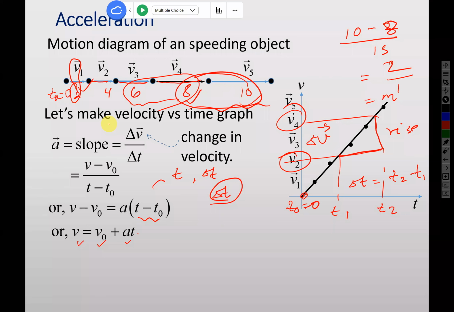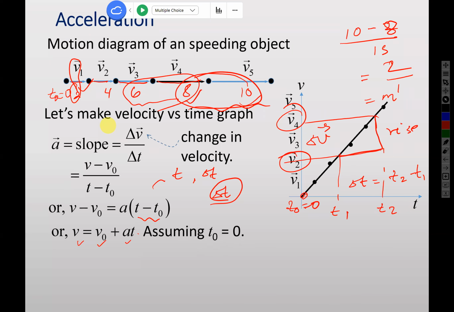So whenever velocity is changing, there is acceleration. Other way around, whenever there is acceleration, velocity is changing. Keep that in mind. And we are looking at this special situation when acceleration is not changing. Acceleration is constant. Means velocity is changing with constant rate. So that's what we are talking about, okay?